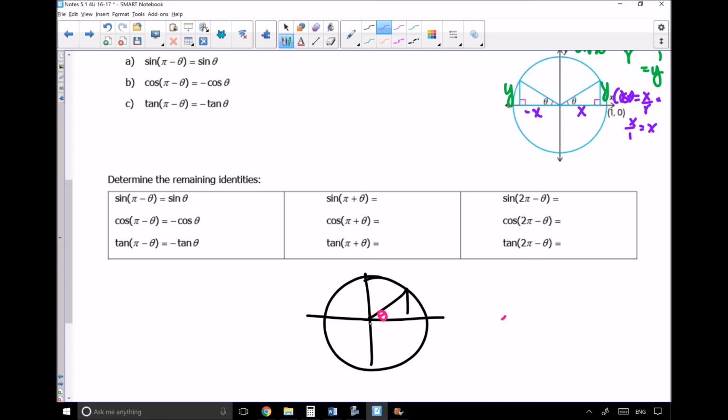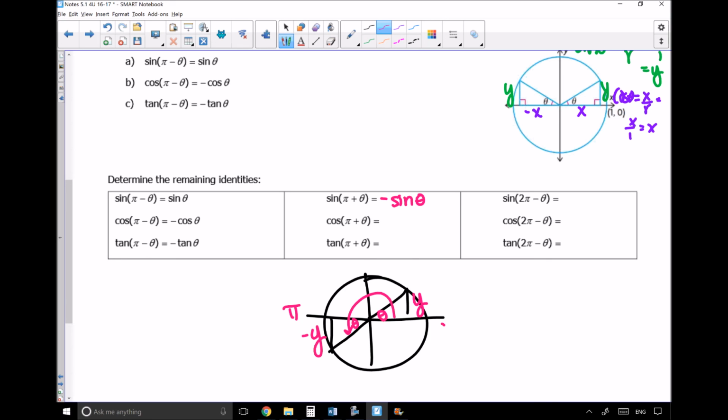This time, if I'm doing pi plus theta, that brings my triangle over here into the third quadrant. And this is still theta right here, but all the way around is going to be pi plus theta. So the question is, what is going to happen to my sine value? So sine of pi plus theta right here, if my sine value is y right here, this is negative y right here. So I can say that this is negative sine of theta.